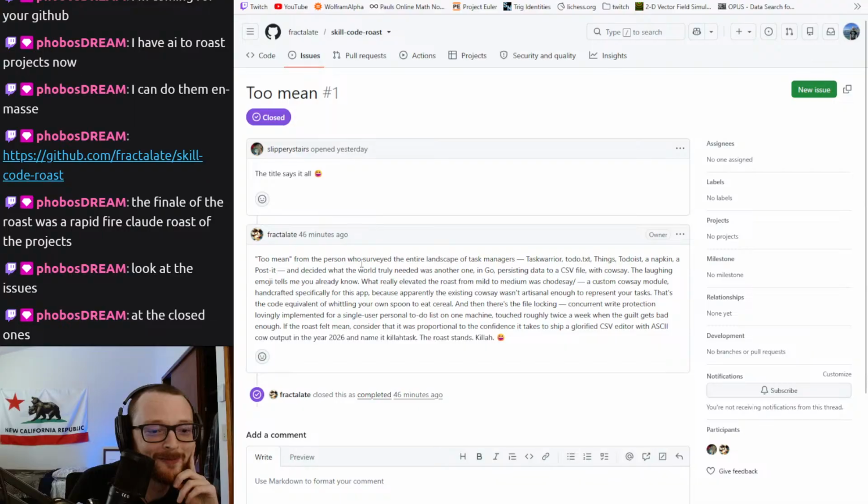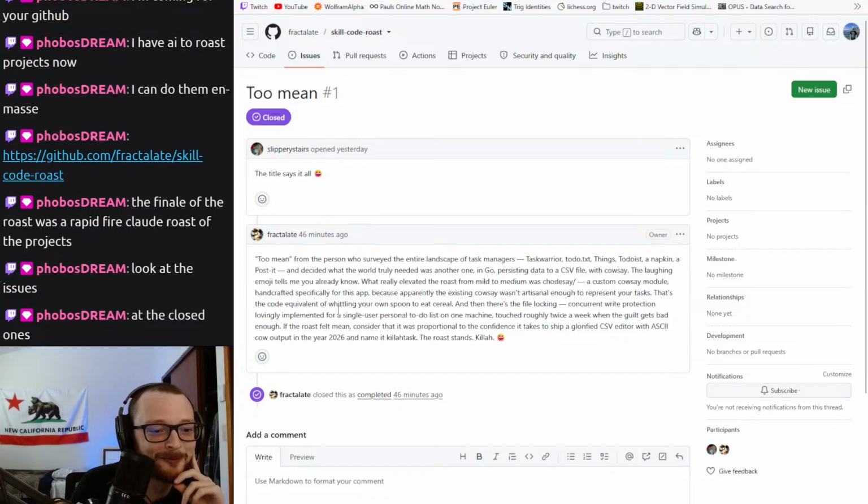Too mean for the person who surveyed the entire landscape of task managers, Taskwarrior to todo.txt, and decided the world truly needed was another one in Go. Persisting data to a CSV file with cowsay. Laughing, what she tells me you already know. But really, what raised the roast from mild to medium was the custom cowsay module, handcrafted specifically for this app. Apparently, existing cowsay wasn't artisanal enough to represent your tasks.